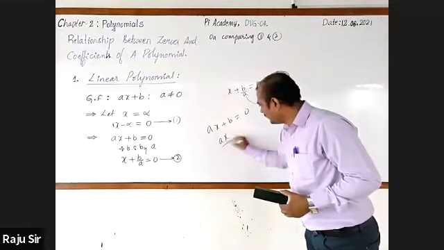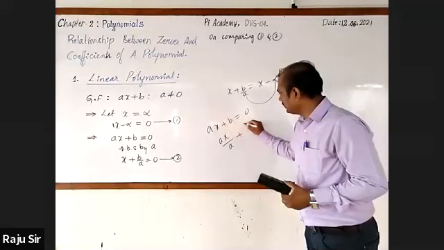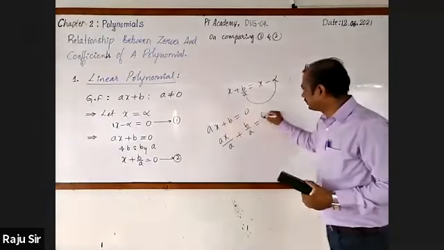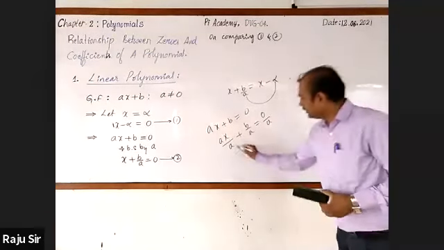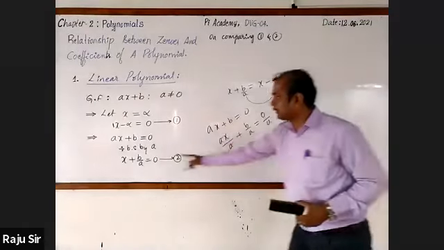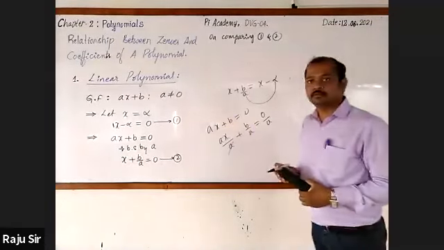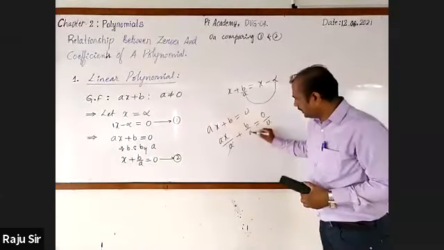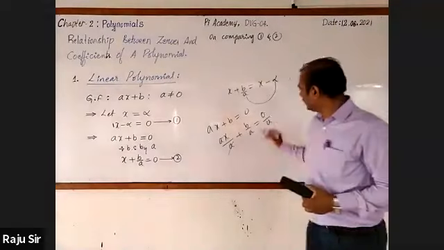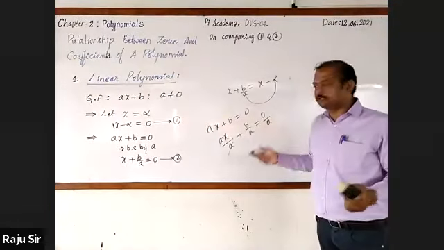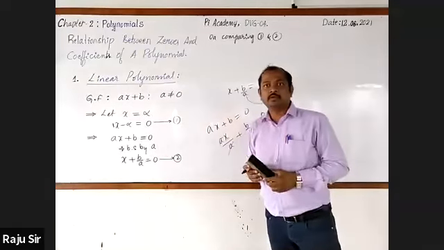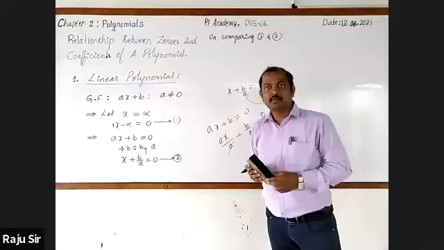Then this will be ax by a plus b by a equal to 0 by a. A gets cancelled, x will remain. Now it is x. Then b by a as it is equal to 0 by a. 0 by anything is 0. Got it? Yes, sir.